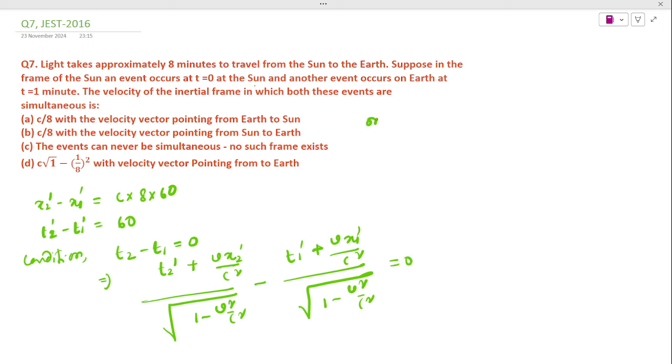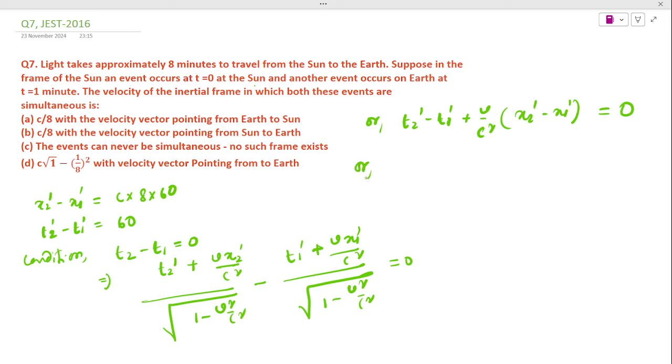After that, t2 dashed minus t1 dashed, plus v by c square is common here, and x2 dashed minus x1 dashed is equal to 0.